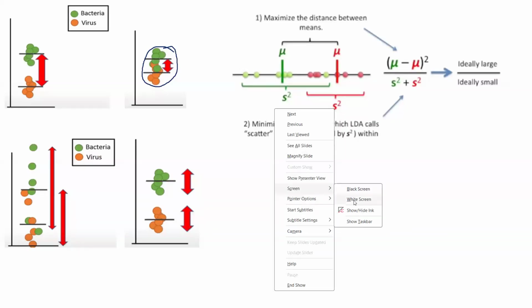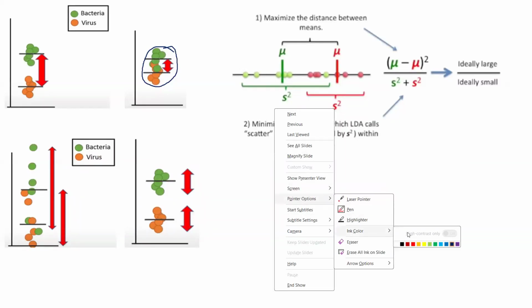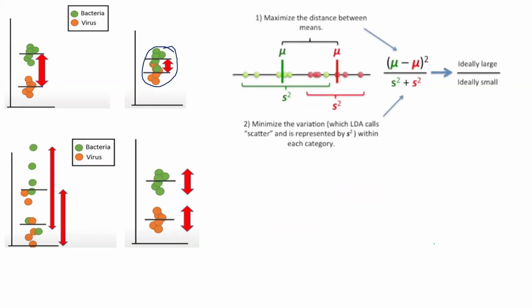This is diagram 1 and this is diagram 2. In which diagram do we have maximum variance of each category? This is category 1, the bacterial category, and the orange is the virus category. Comparing diagram 1 with diagram 2, where do we have maximum variance of each category?